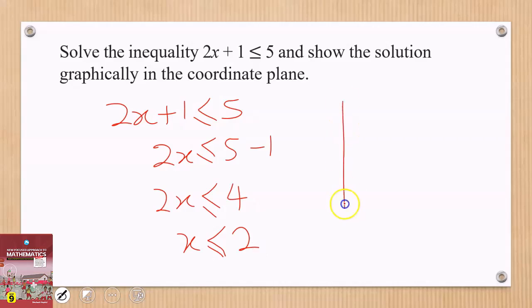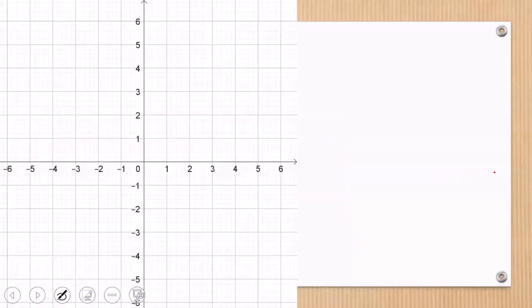Now, if this happens to be a number line, okay, so the number line we go by this, then we cannot show where the direction is. But because we want to represent this on a Cartesian plane, that is x is less than or equal to 2. When you draw a Cartesian plane like this, where do we have our x equals to 2? First of all, we have to just show where x equals to 2. And x equals to 2 will be a line that will go this way, will pass through 2, and go straight.